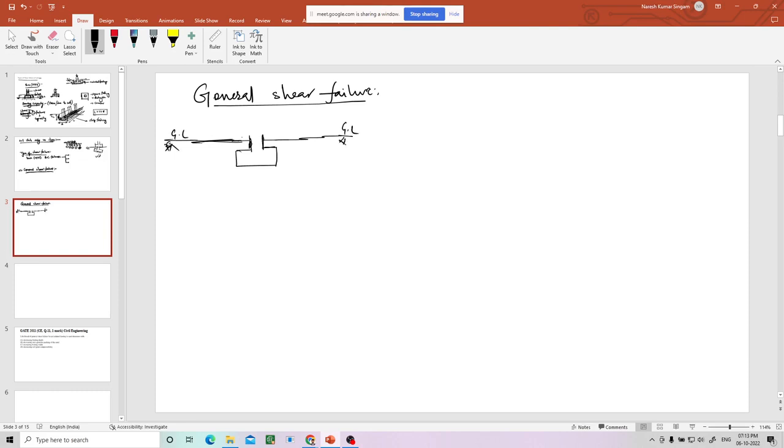Now due to the load which is coming from the column, if you draw the corresponding load versus settlement diagram, let us say this is bearing capacity or stress, this is load per unit area. Suppose we'll take a strip footing.